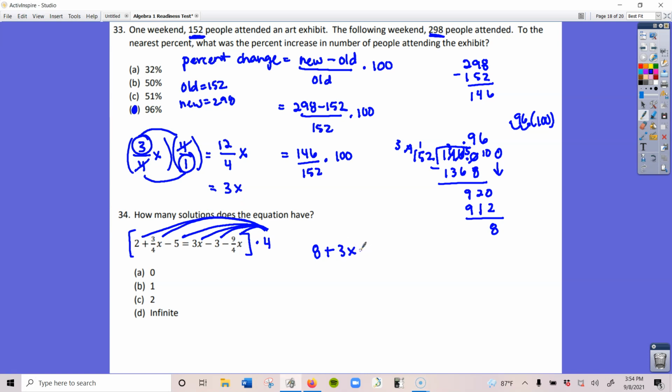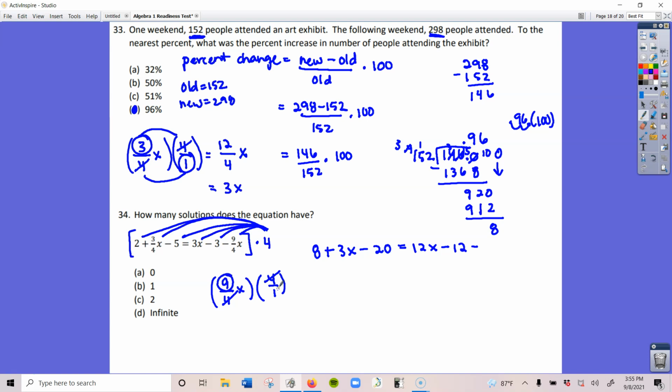So that 3 over 4x times 4 is 3x. Now let's continue. Minus 5 times 4, 20. And that's going to equal 4 times 3x, which is 12x, minus 4 times 3, which is 12, minus 9 over 4x times 4. Same deal. The 4's are diagonally across, so they can cancel.